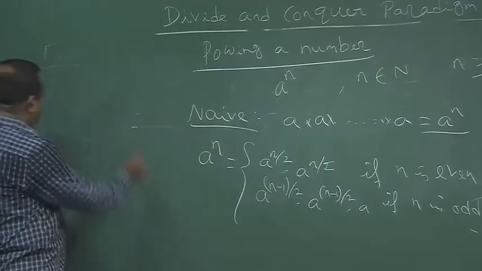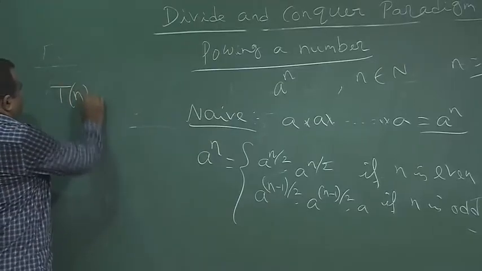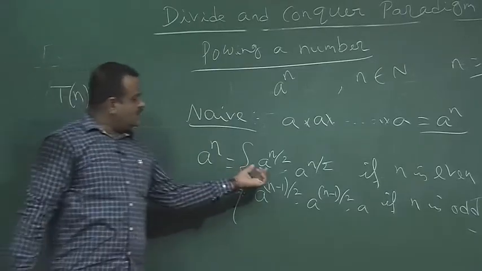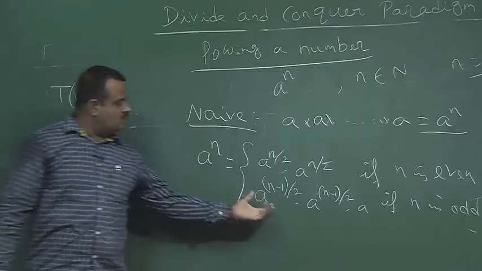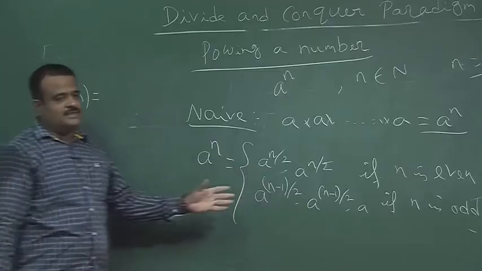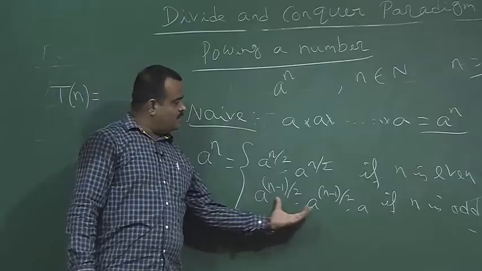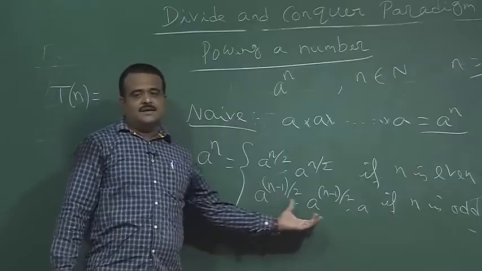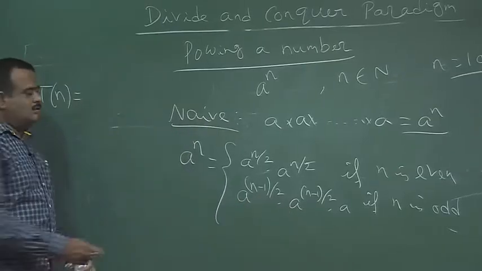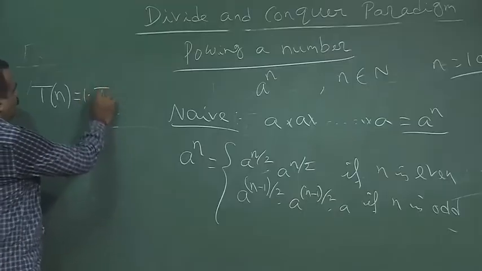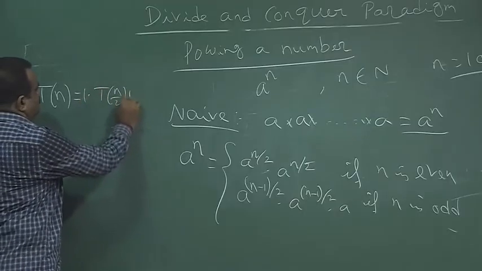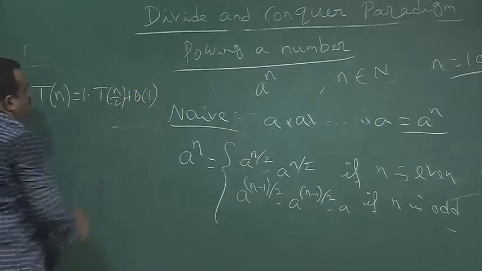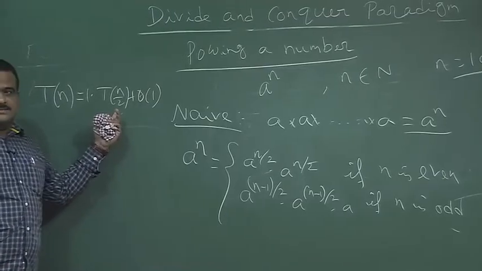So, what is the recurrence? We are just computing a to the power n by 2 once, and then in the combine step we are just multiplying; if n is odd, we multiply this again with a. So, this is the size of the subproblems.